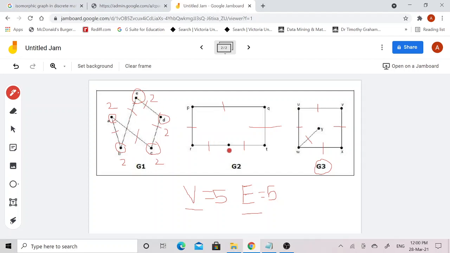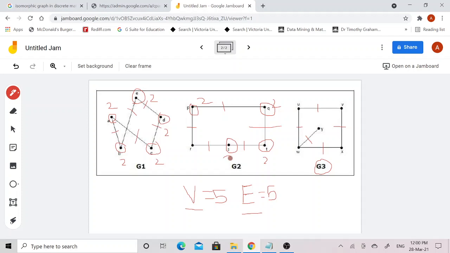Now consider graph G2. This node P contains 2 edges connected to this node P. So the degree of vertex for node P is 2. For node Q is also 2. Node T degree of vertex is 2. Node S, again there are 2 edges connected to this node.